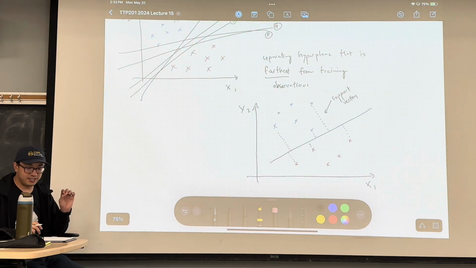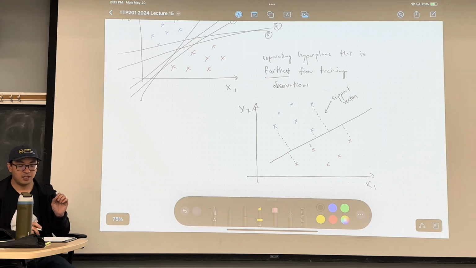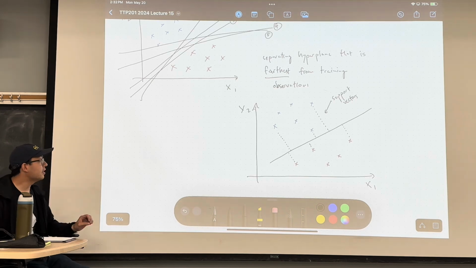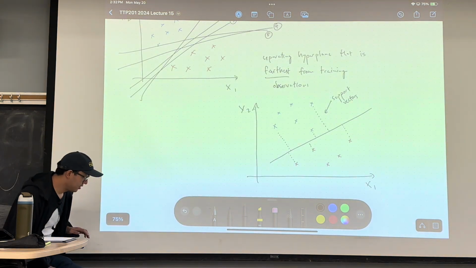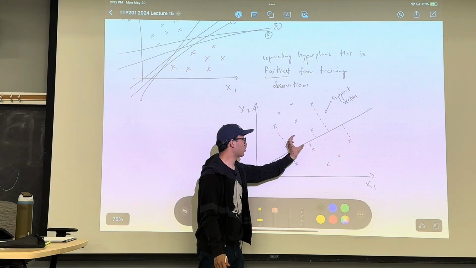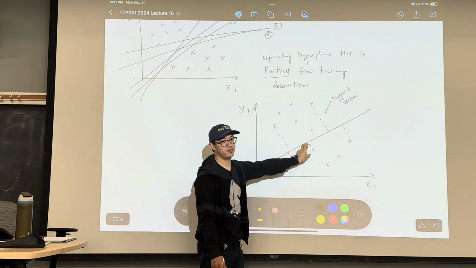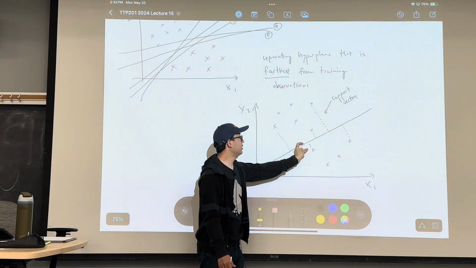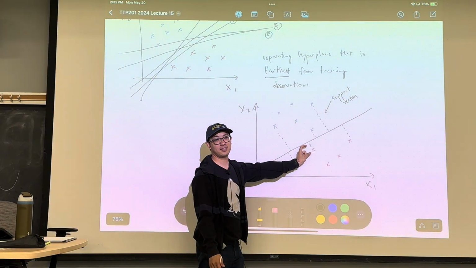Okay, and the idea with the maximal margin classifier is that I want to look at the shortest support vector, the distance from the point to my hyperplane, and I want to maximize that distance.